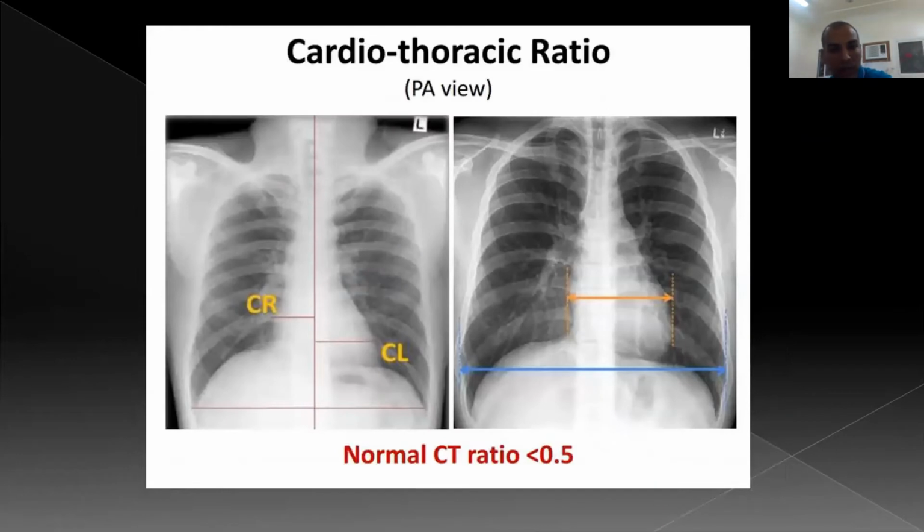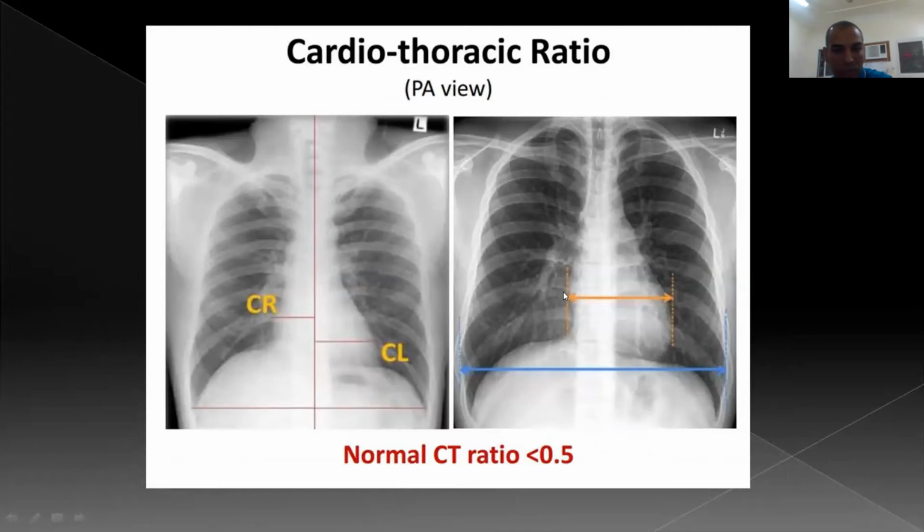Simply, how can we identify cardiac enlargement in the PA view? As we discussed in the first lecture, we can measure the cardiothoracic width and the width of the thorax, and we can divide this one by this one. Normally, it should be less than 0.5, or less than half of the width of the thorax.